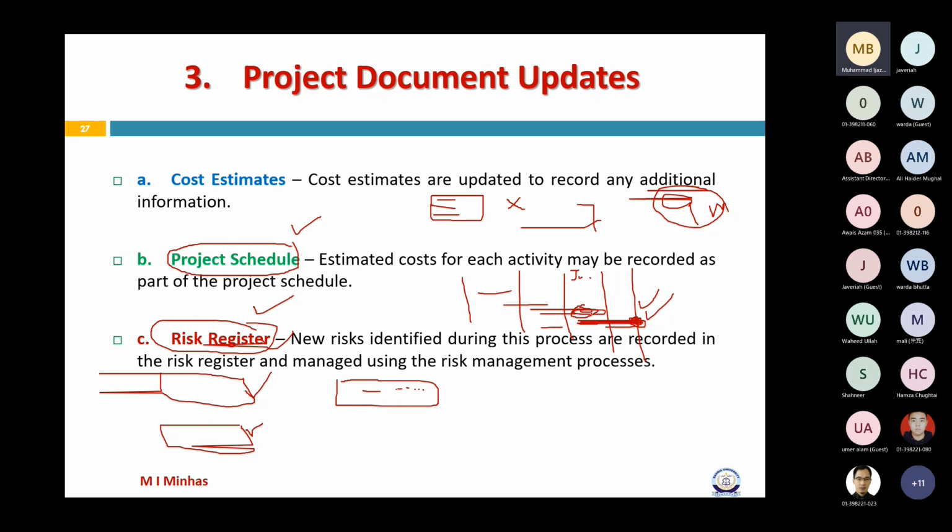So now there's a risk of increase in prices during the budget maybe. So whatever risk you identify during this process in the finalization of cost baseline, obviously you are going to write it down somewhere and that you would write down in the risk register. Okay.